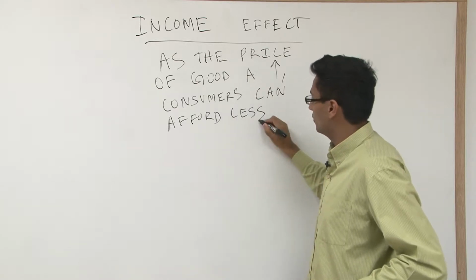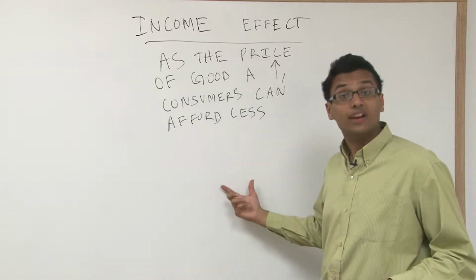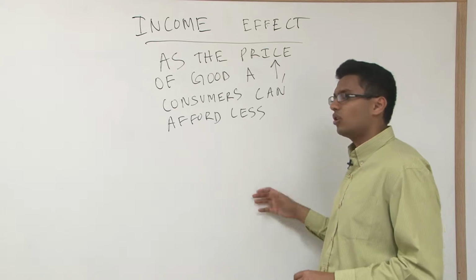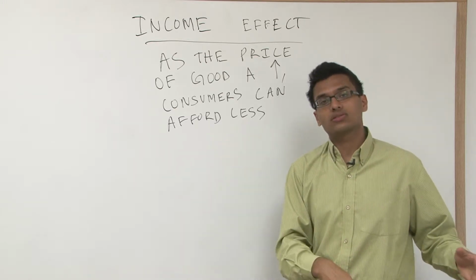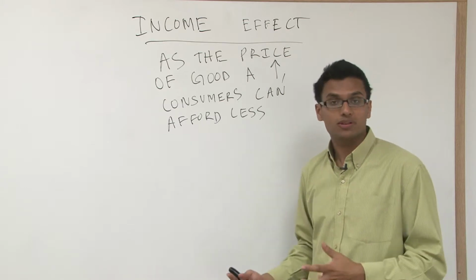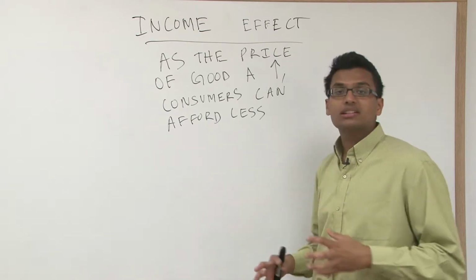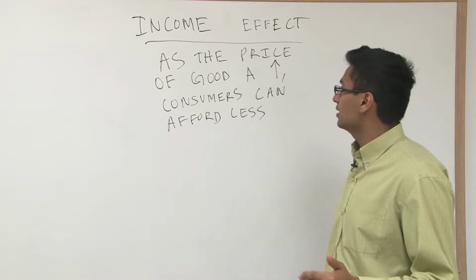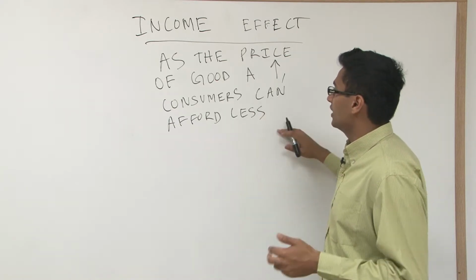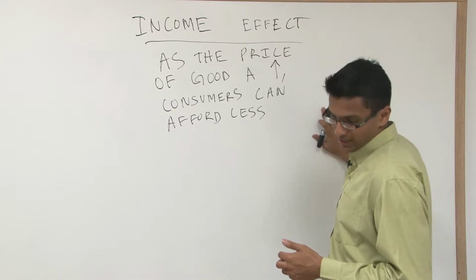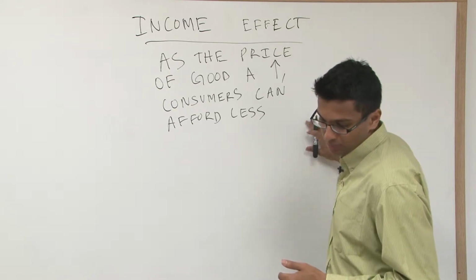Fairly intuitive, right? So if your income is fixed, we're assuming income is fixed. And all of these definitions in economics, they always say if all else is constant. The fancy term for that is ceteris paribus. But it basically says that if all else is constant, this is how we define the effect. So as the price of a good A rises, consumers can afford less of product A.